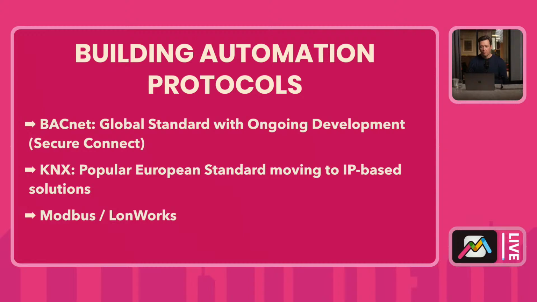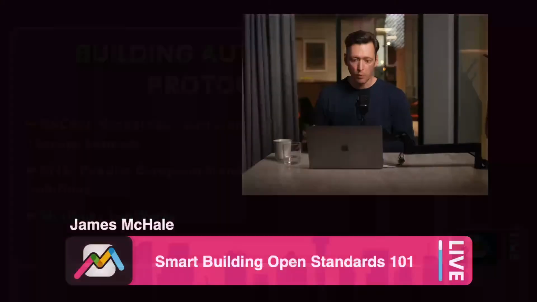The most influential global standard in modern building automation is BACnet, and that was developed by ASHRAE, an association in the US, in the 1990s. I think one of the reasons why it's maintained its popularity and has actually grown its influence is because it's well developed and well supported.